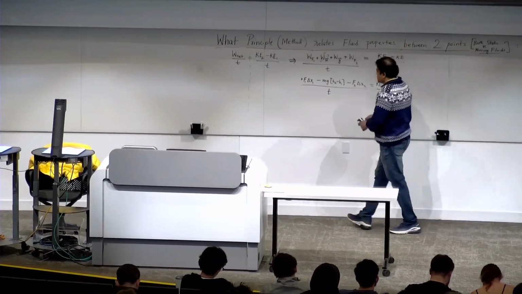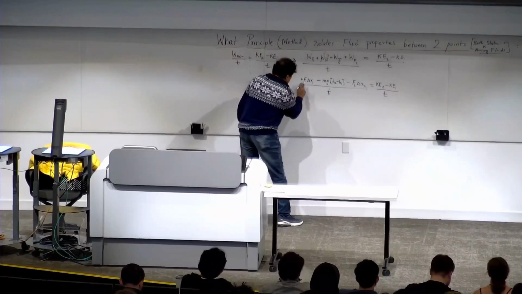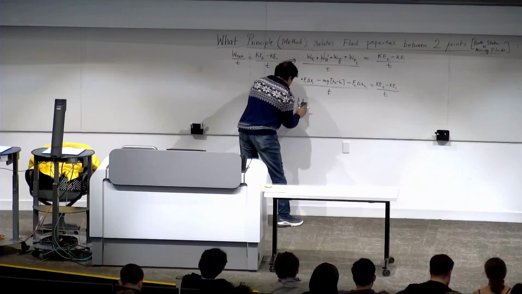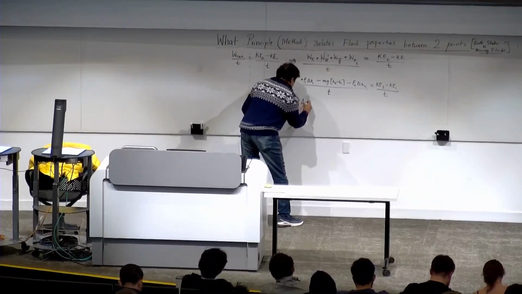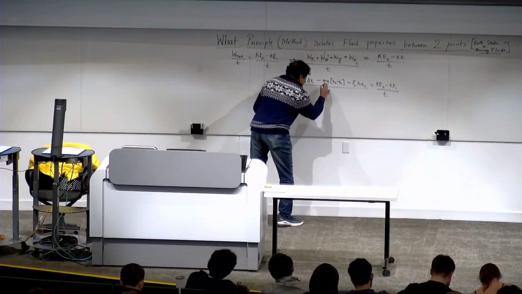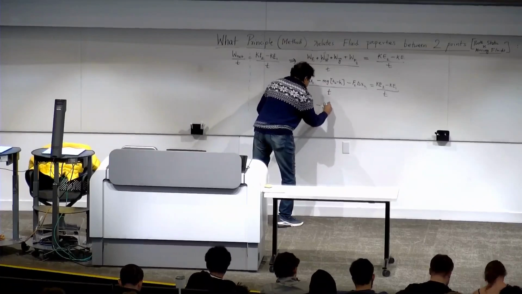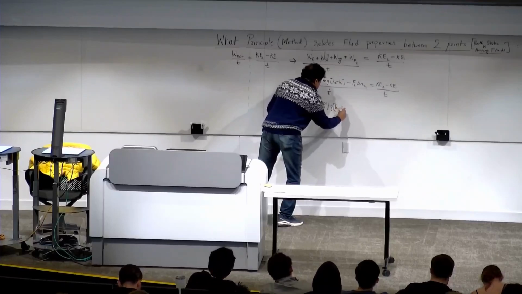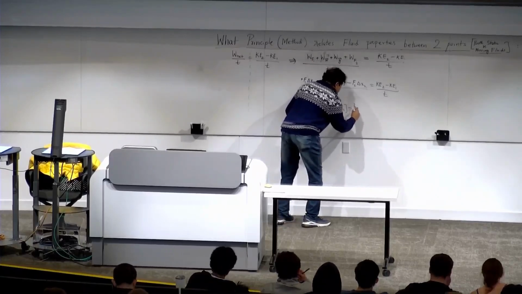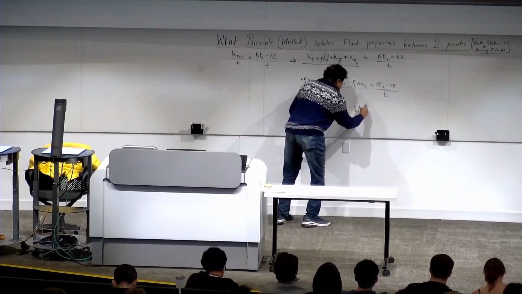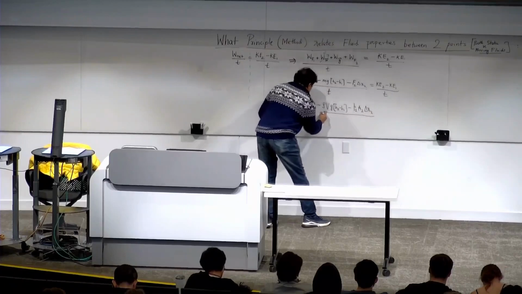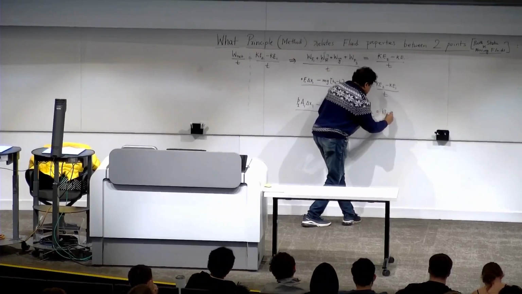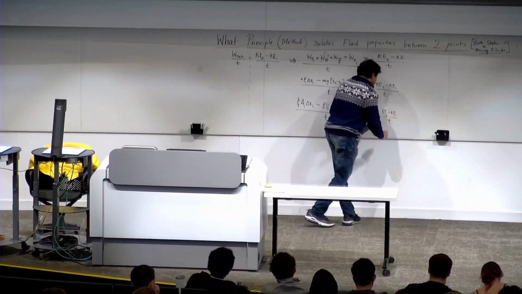So, taking this forward, we can write this term over here as pressure at point 1, area at 1, delta x1, minus mass, which will become rho times volume, g (h2 minus h1), minus pressure at 2, area at 2, delta x2, the whole divided by time, equals KE2 minus KE1 over time.